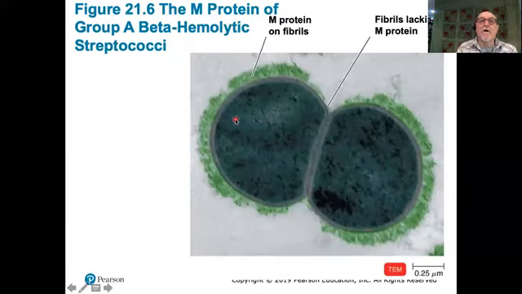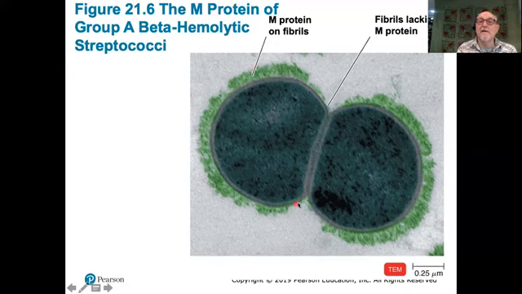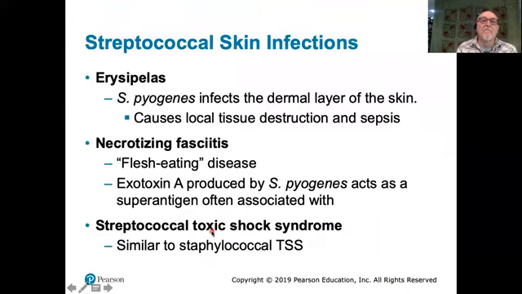So here's Streptococcus, and these are the M protein fibrils. Here's the cell wall, so this is exterior to the cell wall, sort of a capsule around the bacteria. And these are in themselves strongly antigenic and can provoke a powerful, unwanted immune response. So here are some of the skin infections caused by Streptococcus.